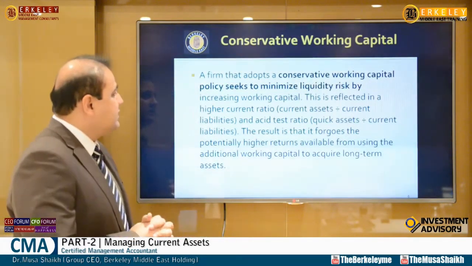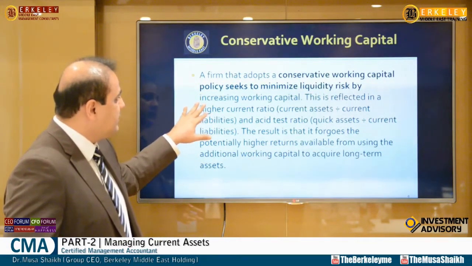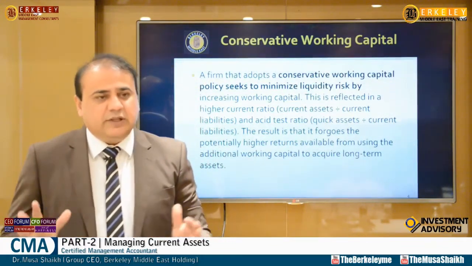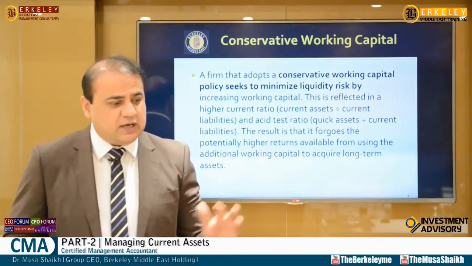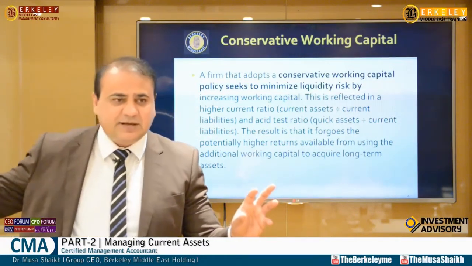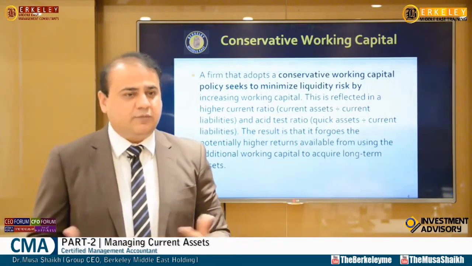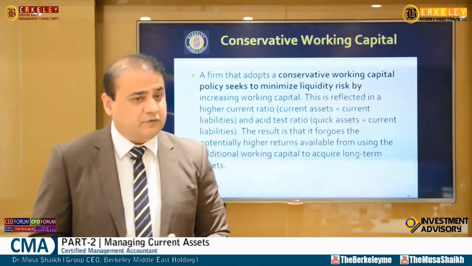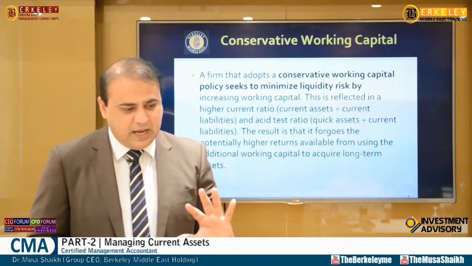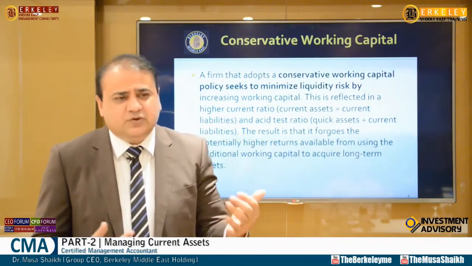Then, as I told you before, a conservative policy seeks to minimize liquidity risk by increasing working capital. You are that kind of person. Actually, we know there are 3 types of people in the world: one is aggressive, one is moderate, and one is conservative. When you, as an investment bank, have proposals for investors, and you tell this guy about a high risk product, he will say, no, I need surety.